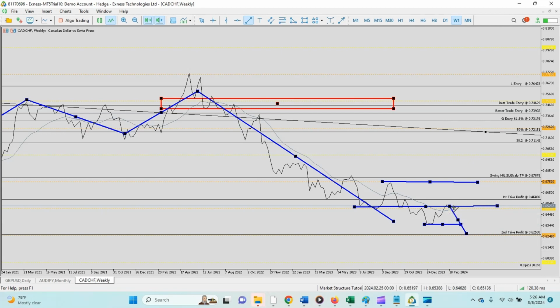So all these things depend on the market sentiment, the news, and also the technical analysis. If we have a good news report, you find out that the market will break this point, retrace, and continue upward movement.